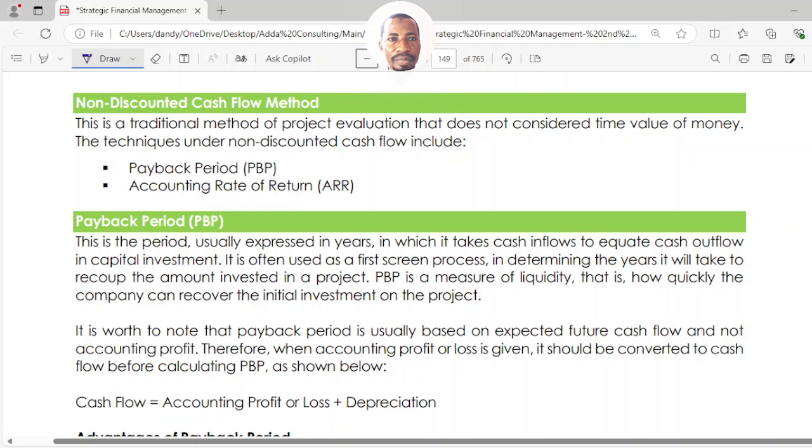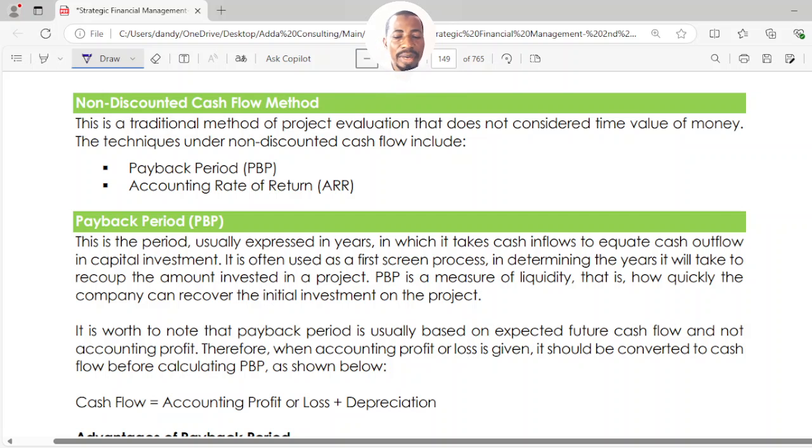So today we are going to be discussing concepts around the payback period and the accounting rate of return. Thereafter, we'll move to discussing relevant cash flows. So let's take it one after the other.